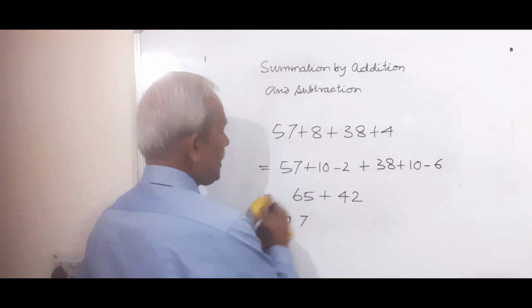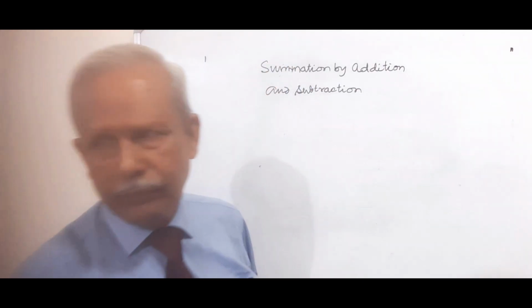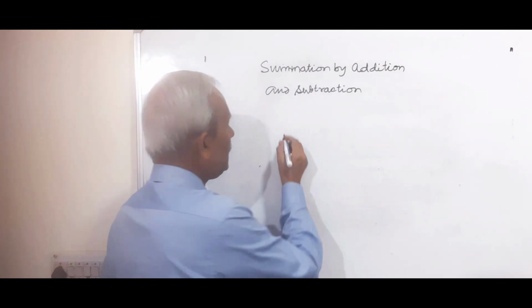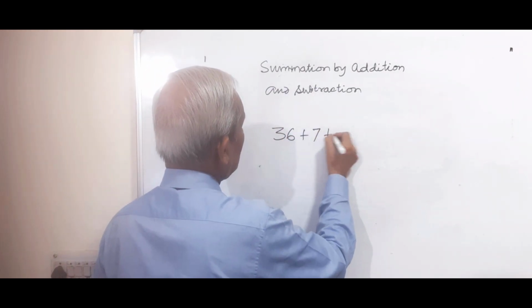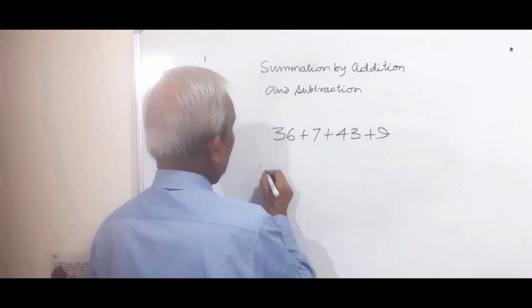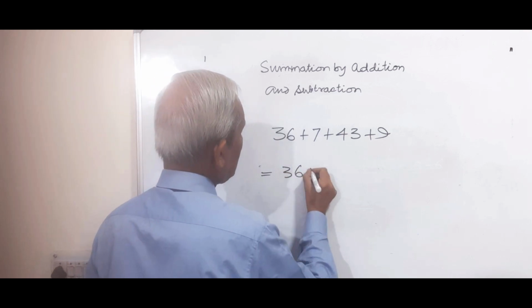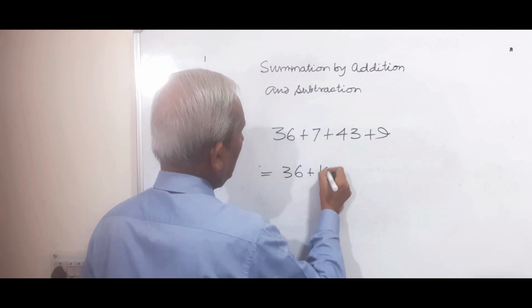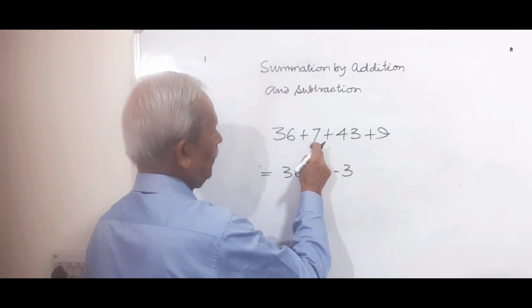So make an addition and then subtract. I will do one more sum for you: 36 plus 7 plus 43 plus 9. Here again, instead of 7 you will write 10 and then reduce it by 3, because we have taken 3 more.